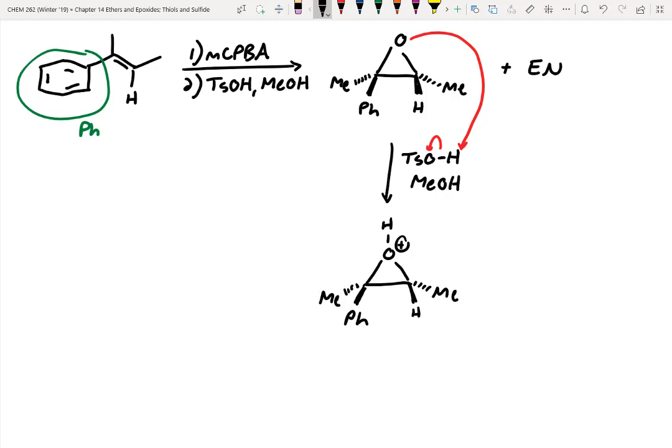All right. However, we still have methanol floating around. Which carbon is going to be attacked? The left carbon of the epoxide or the right carbon? Left one, absolutely. It's more substituted and it's tertiary in this case, which is the key important feature.